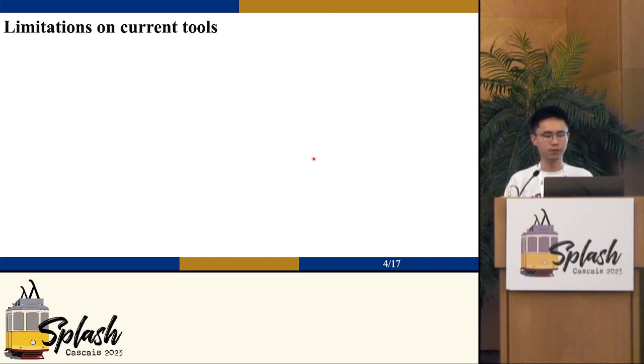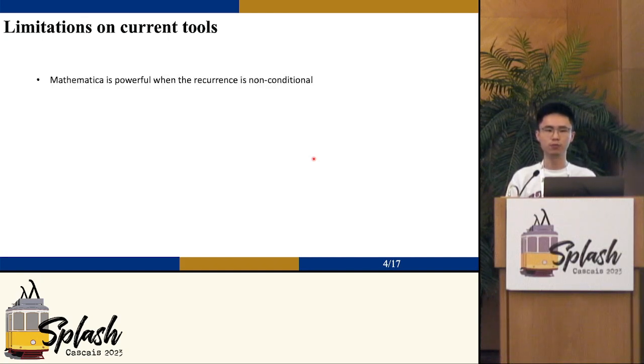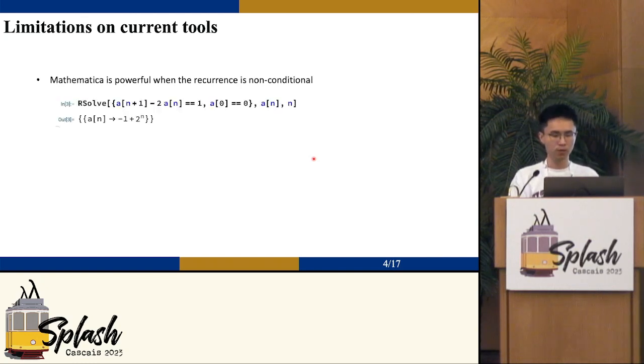But current recurrence solvers are still limited in dealing with conditional recurrences, like the one in the running example. For example, Mathematica is one of the most powerful algebra systems in the world. It provides a function called RSolve, which is really powerful when the recurrence is non-conditional. But if it encounters conditional ones, it will just give up.